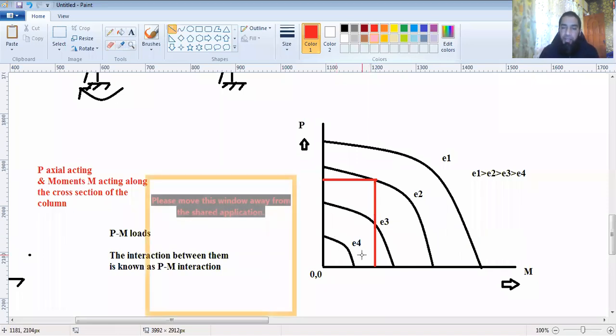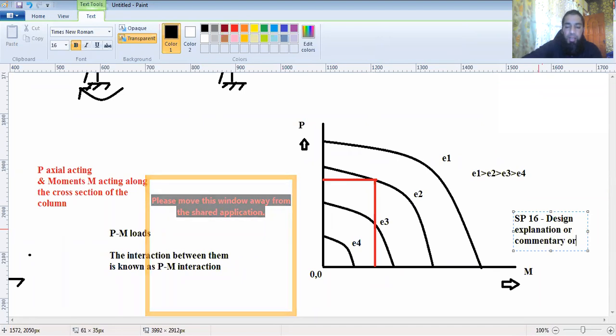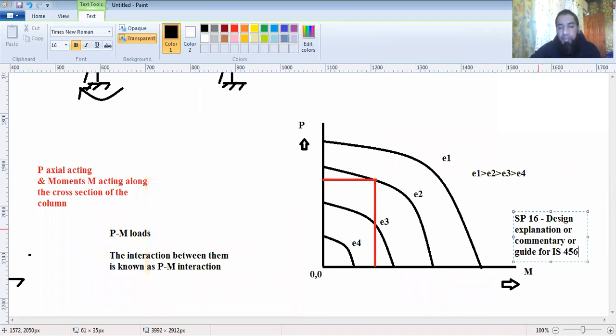And these curves are available from SP16, which is the design explanation or commentary or guide, you can say, for IS 456.